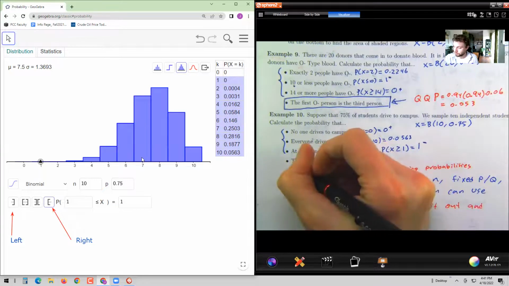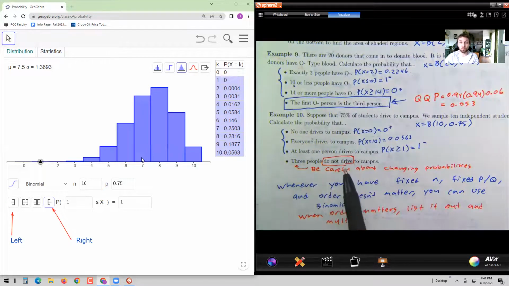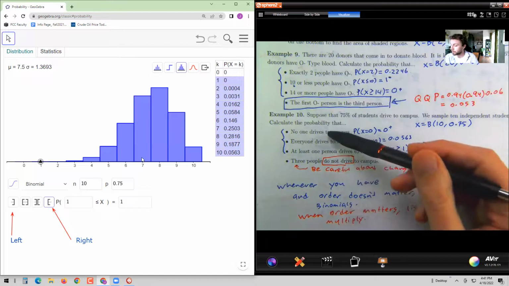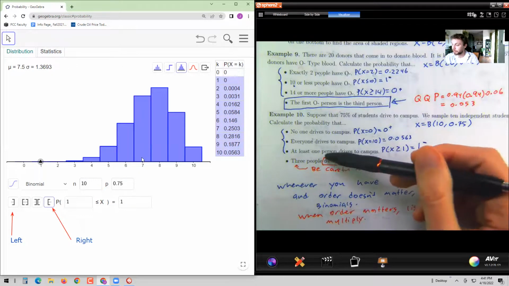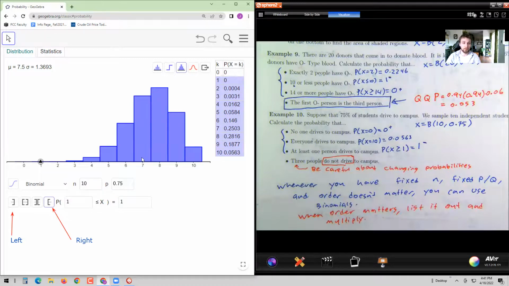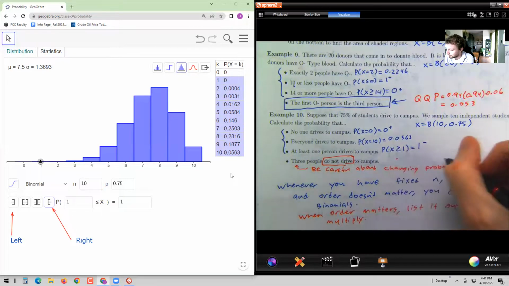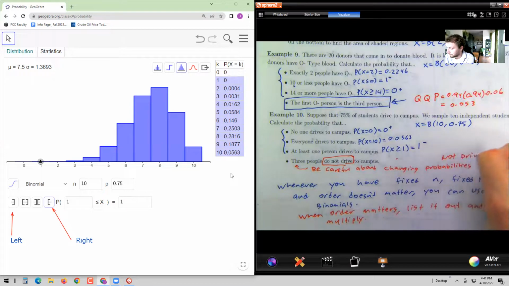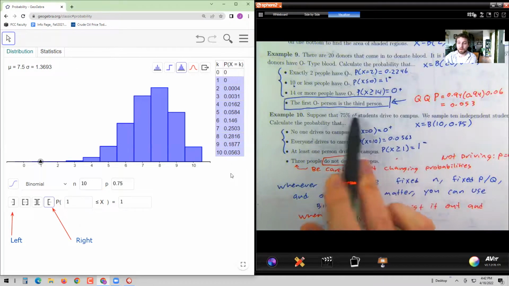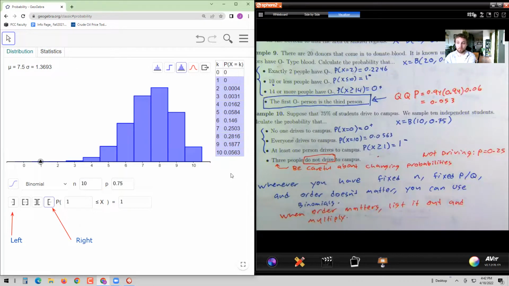For example, this problem says 3 people do not drive to campus out of the 10. I don't care if those are the first 3 or the last 3, so order doesn't matter here. That's pretty promising. But while all these other problems are talking about driving, this one is talking about not driving. So I don't want to consider a success rate of 75% here. Not driving tells me I should be typing in 25%. 75 drive, 25 don't.